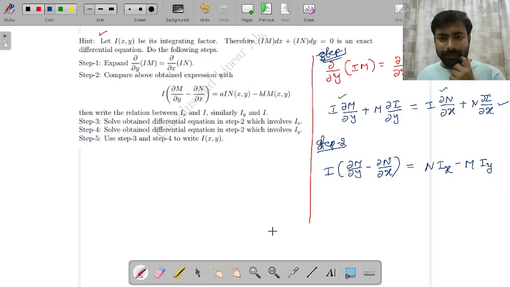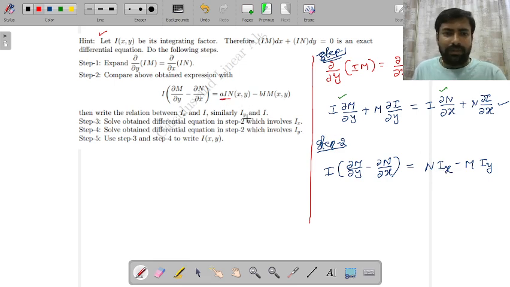Now let us compare with it. When you compare, this side you have the same I into (∂M/∂y minus ∂N/∂x). Then you have N into Ia here, whereas here you have N into Ix.